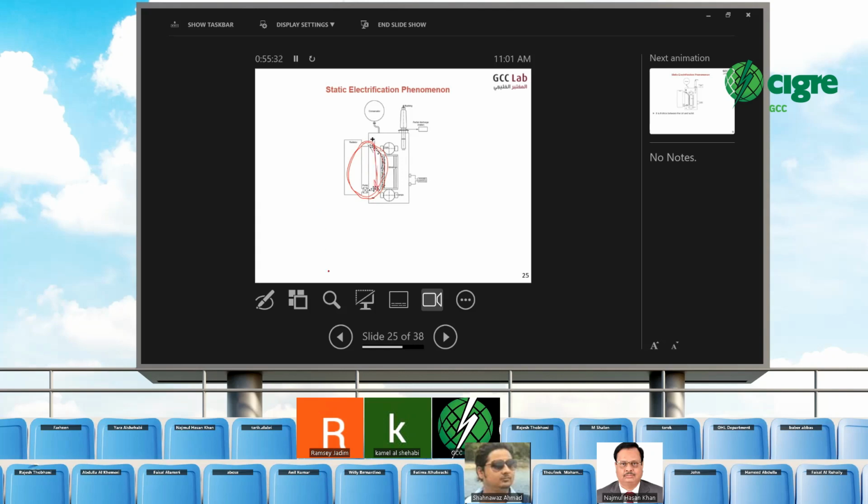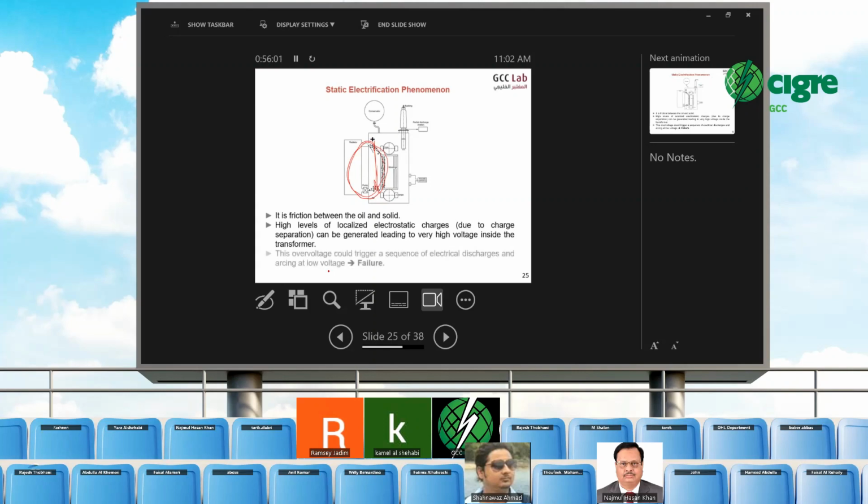Having charge, it's called static charge, static flash or something like that. In some cases, if the insulation capability of the oil is very low, it can be a real problem. The friction between the oil and the salt can produce a high level of localized electrostatic charge.